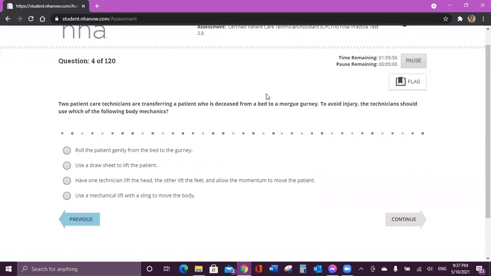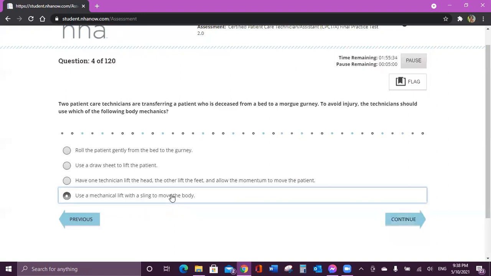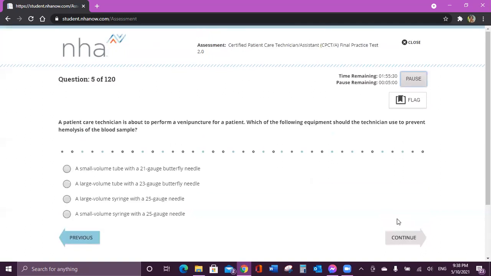Roll the patient gently from the bed to the gurney, no. Use a draw sheet, no. Have one technician lift the head, then the other lift the feet, no. Use a mechanical lift with a sling to move the body. Esa es verdad, un lift. Yo creo que era la C.